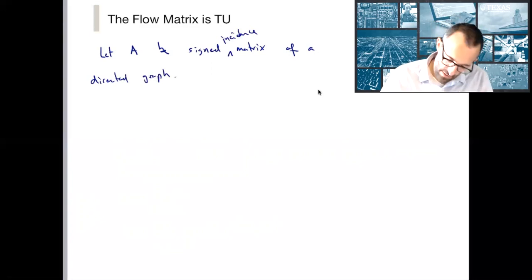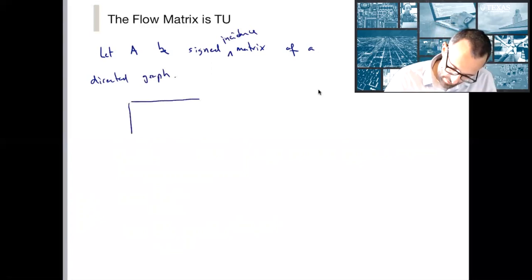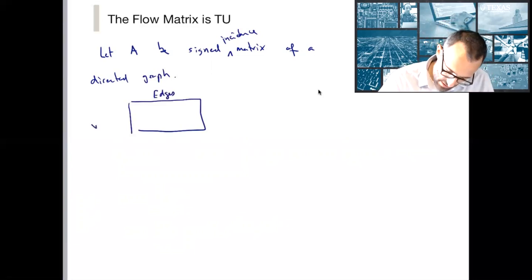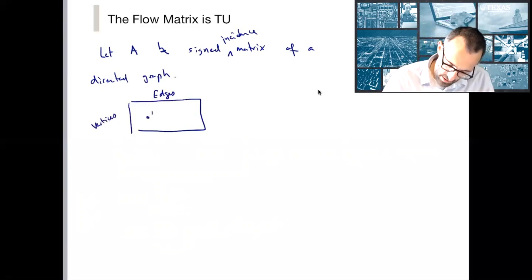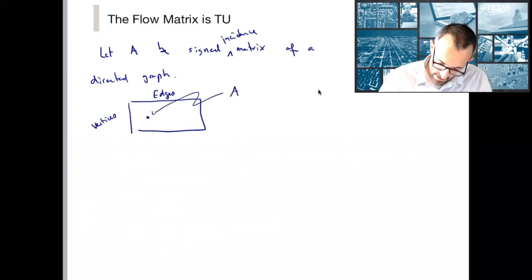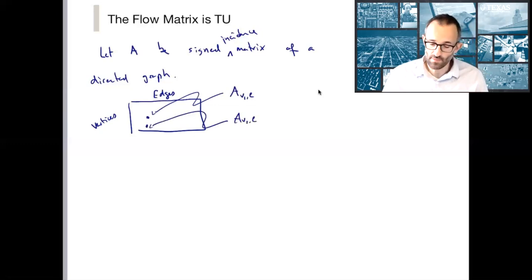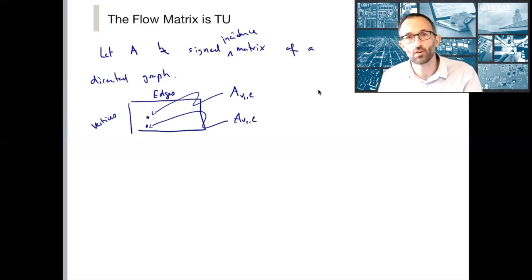And this means that, again, just to make this explicit, the columns are indexed by the edges and the rows are indexed by the vertices, and a particular entry of A, let me call this A(v1, e), and in that same column here will be A(v2, e). These have to be opposite in sign to each other and equal to either plus or minus 1. It doesn't matter, by convention you can make them either plus 1 for pointing in or minus 1.